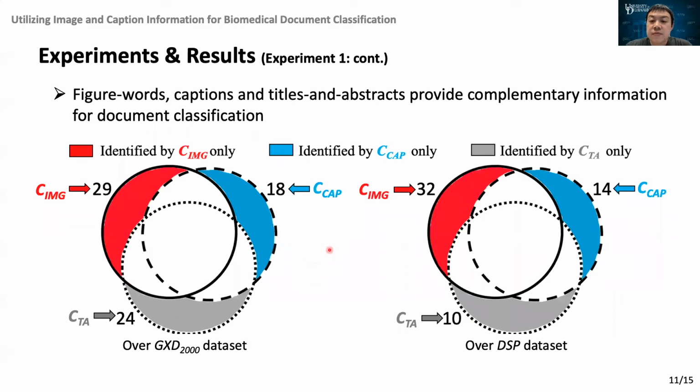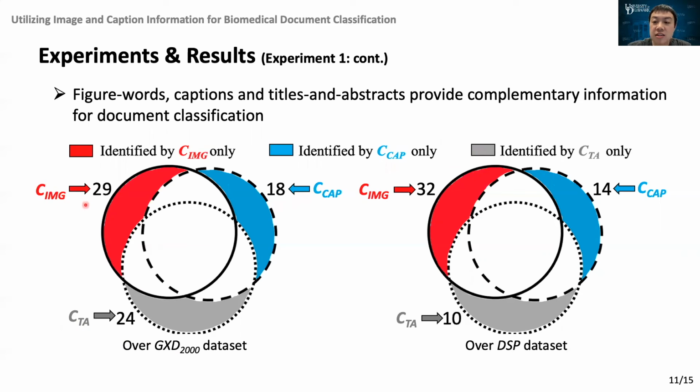This figure shows a comparison of relevant publications identified by classifier CImage, CCAP, and CTA. Over the GXD 2000 dataset, 24 publications can be identified by CTA only, while 18 relevant publications can only be identified by CCAP.